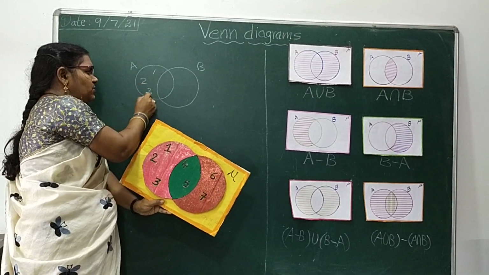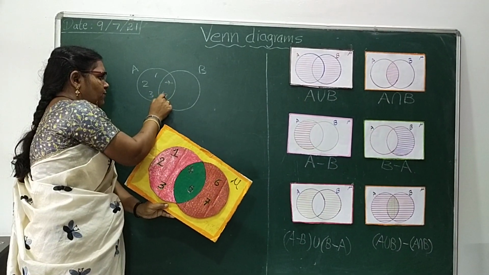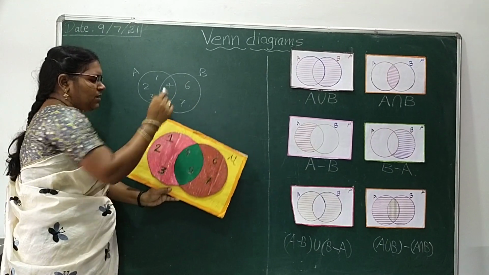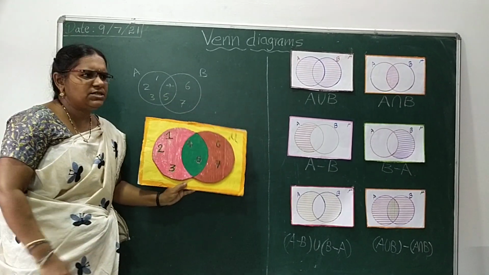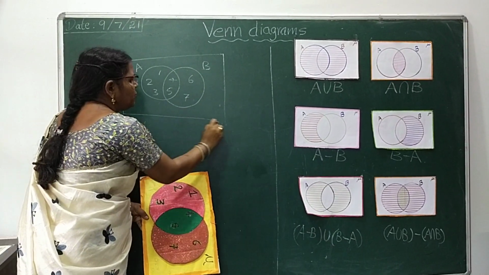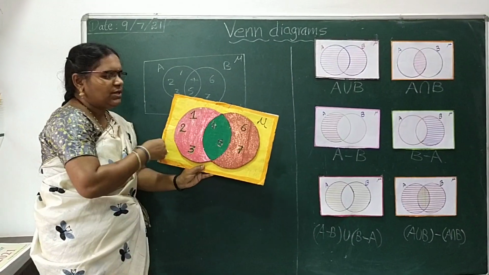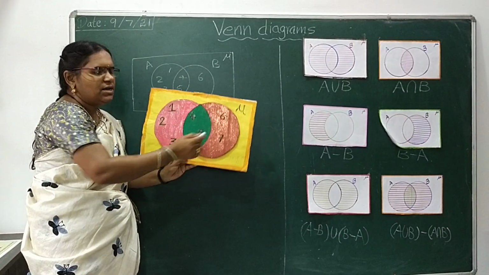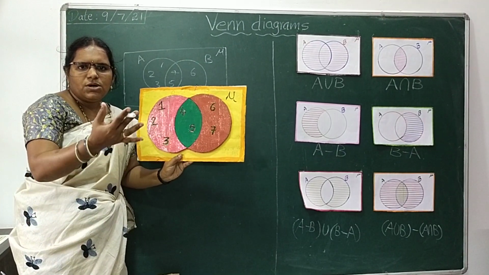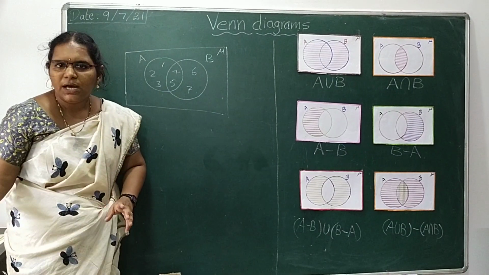In the second part, 4, 5. In the third part, 6, 7. You will be given a question like this. Mu is given as the universal set, all the sets will be there. Mu, a rectangle, two sets, and their elements are given in three parts. Now we have to give answers according to the question given under the diagram.